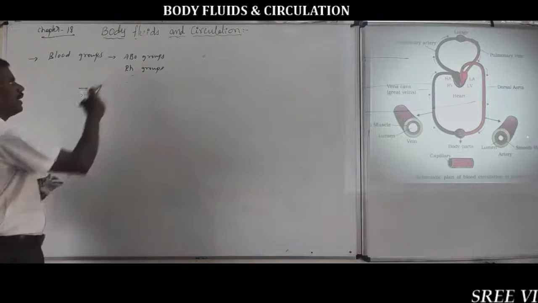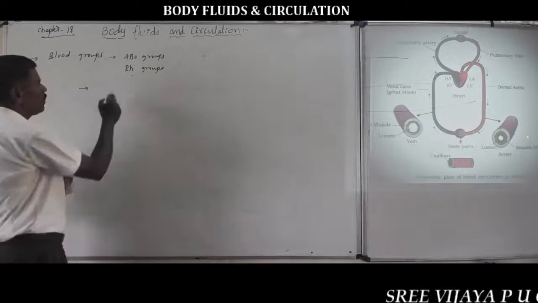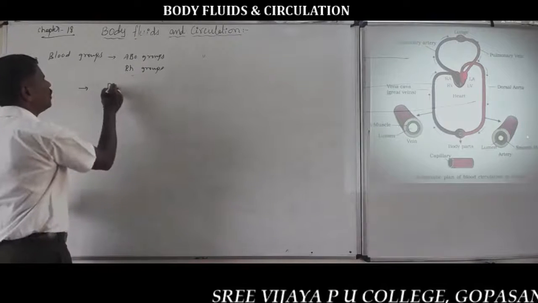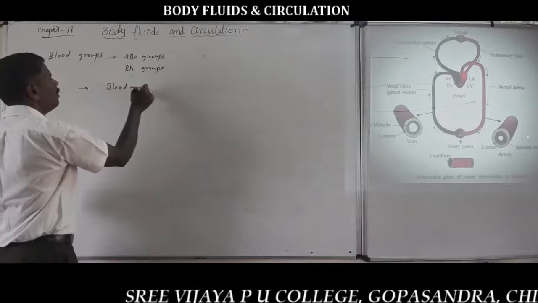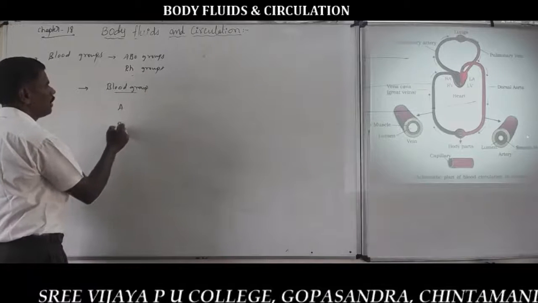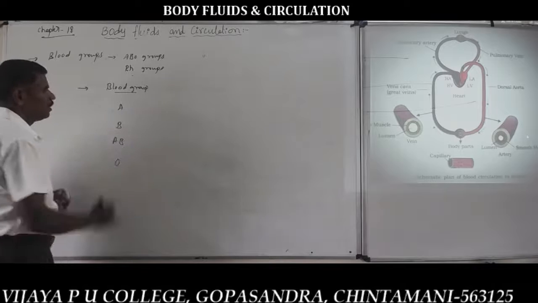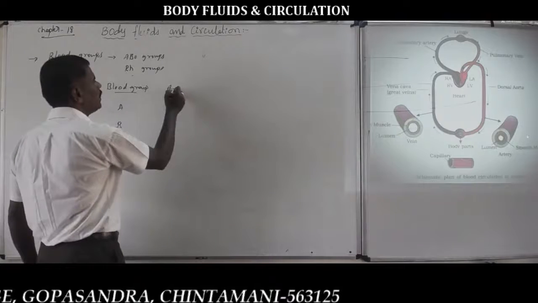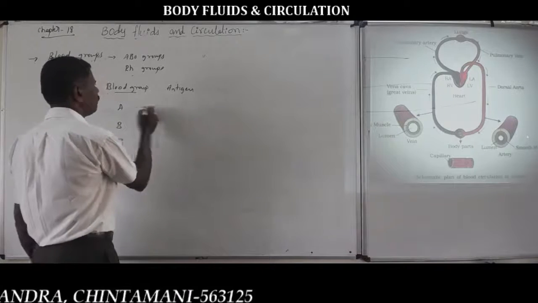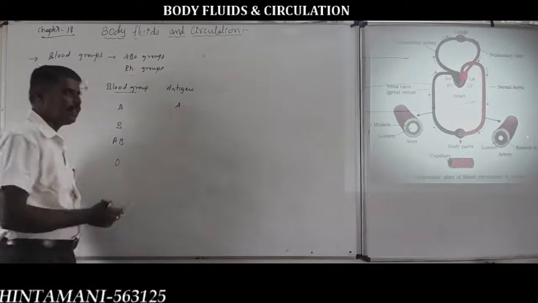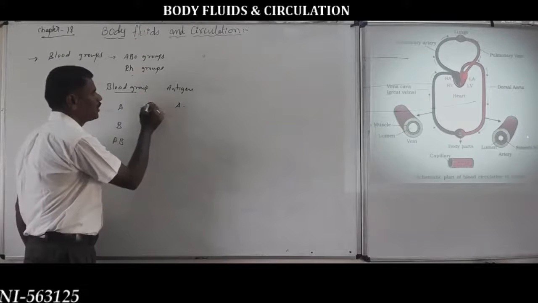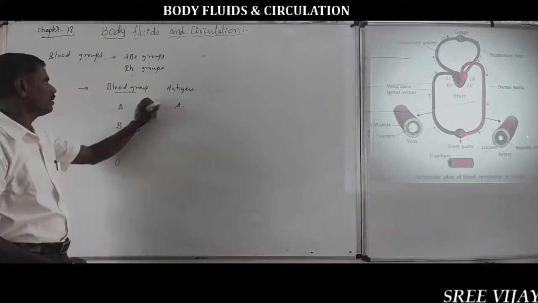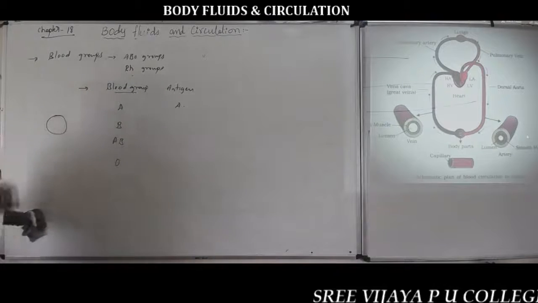In the ABO blood groups, there are 4 types: blood group A, blood group B, blood group AB, and blood group O. What are the components? Here there is presence of antigens on the surface of the RBC, the blood cell, and there are different types of antigens.